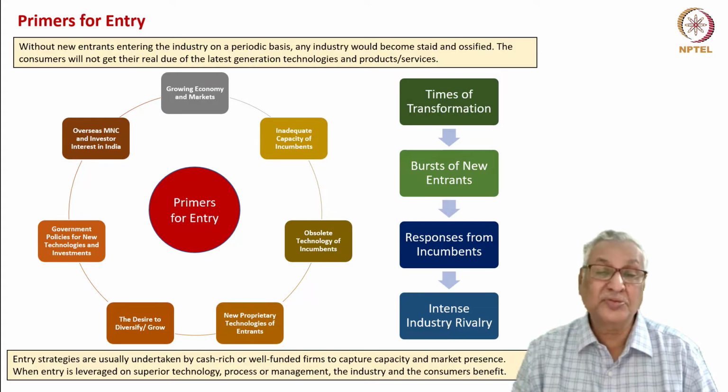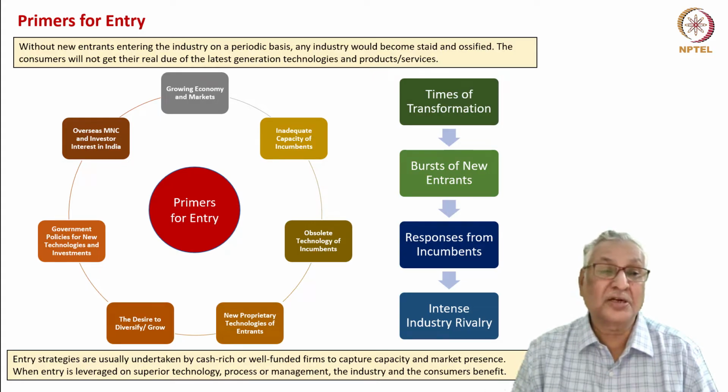And existing firms could also try to diversify through new entrants, subsidiary formation or joint ventures. Other companies may come in afresh into the industry. Government policies for new technologies and investments could be another trigger for entry.